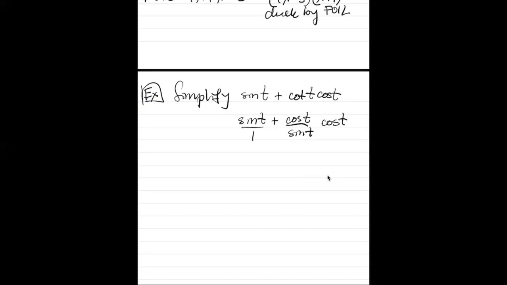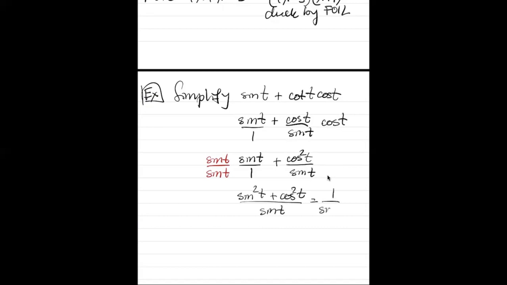I can rewrite this as sine of t over 1 plus cosine squared of t over sine of t. Now we can multiply by sine of t, top and bottom of the first fraction. And we have sine squared t plus cosine squared of t on the top. We can add them now that we have the same denominator. And the numerator is actually 1, so we have 1 over sine of t, which we know is cosecant of t.